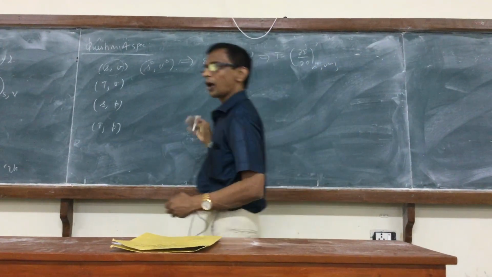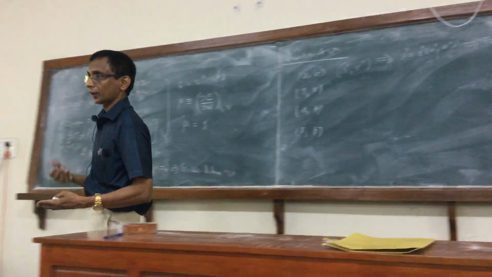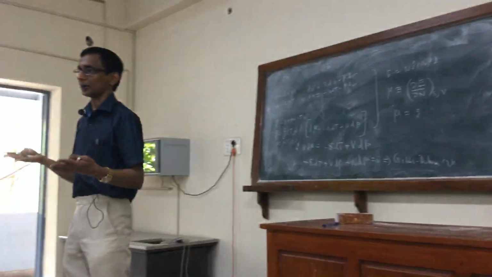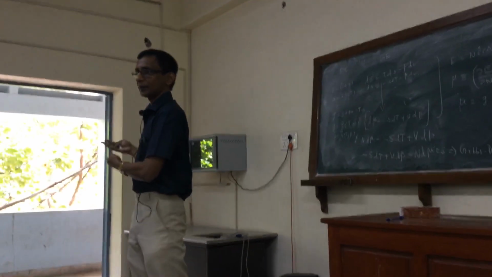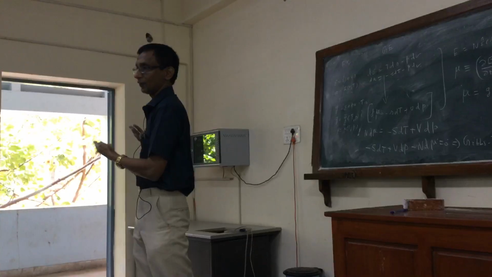And so on. All other properties, as we have seen, given a fundamental equation, you can calculate everything: temperature, pressure, heat capacities, various other fundamental equations, everything can be calculated.